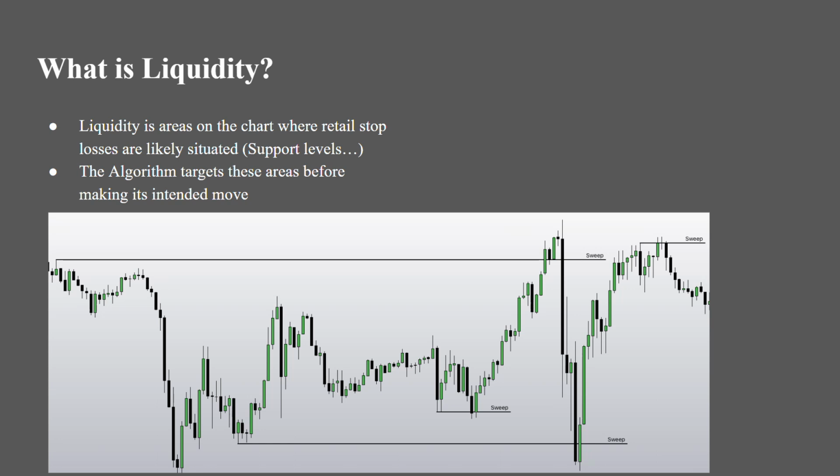Support levels with retail concepts, resistance levels. Retail stop losses are likely situated above resistance, below support. The algorithm knows this, and so the algorithm has a tendency to target these areas before making its intended move.